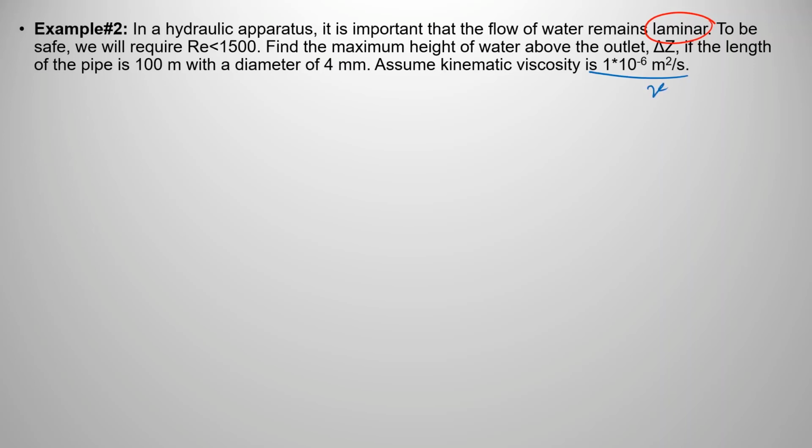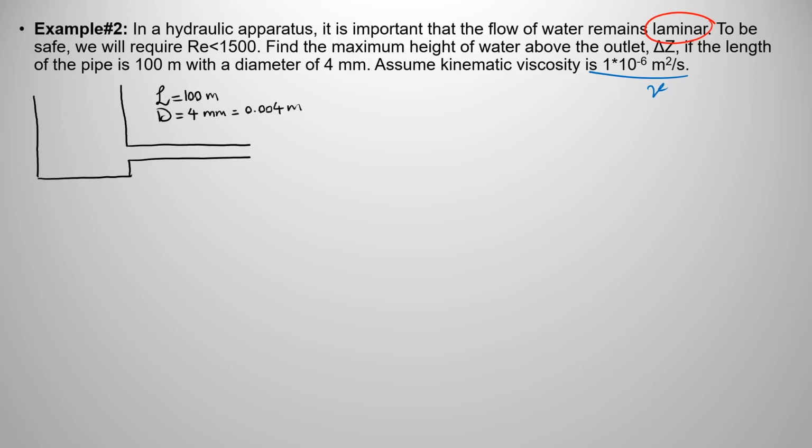Just to make sure that we understand the problem, I'm going to sketch a schematic representation of what we have. So we have a reservoir that is connected to an outlet. An outlet is a pipe that has a length of 100 meters and diameters of 4 millimeters, or 0.004 meters.